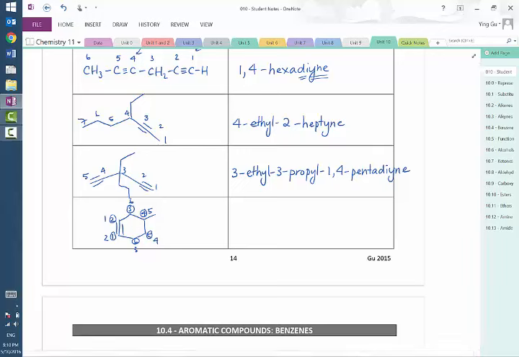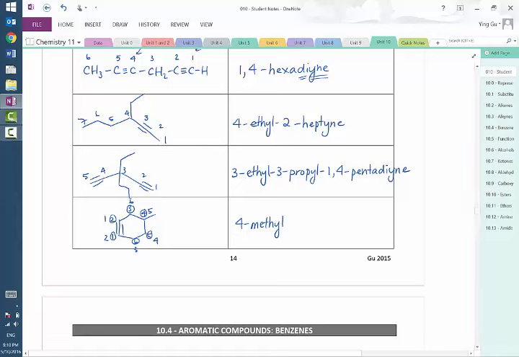Alright, branch first. This is going to be 4-methyl. Now, we could write 1 followed by cyclohexyne, but since there's only one triple bond, and that triple bond is automatically going to be numbered 1, it would be redundant to write the number 1 for that triple bond.